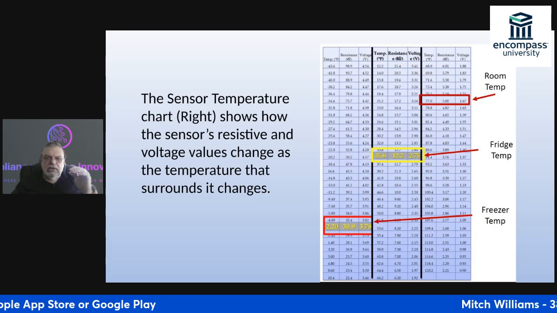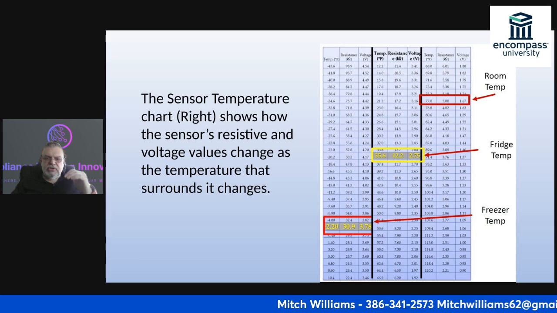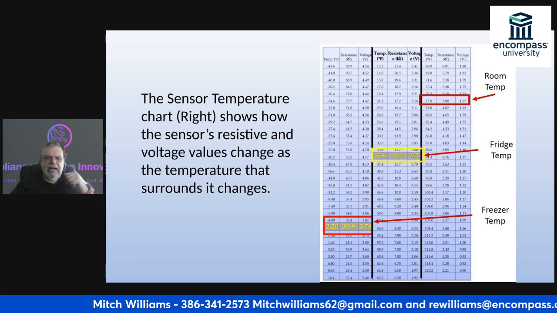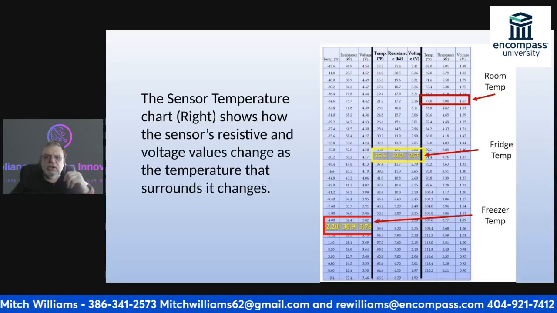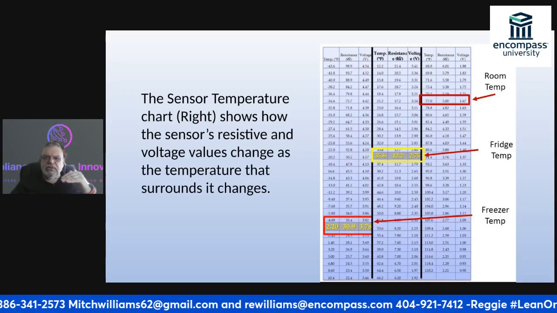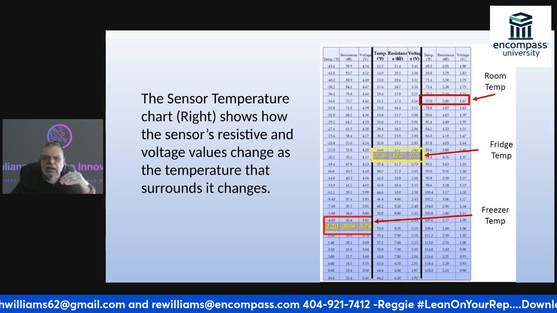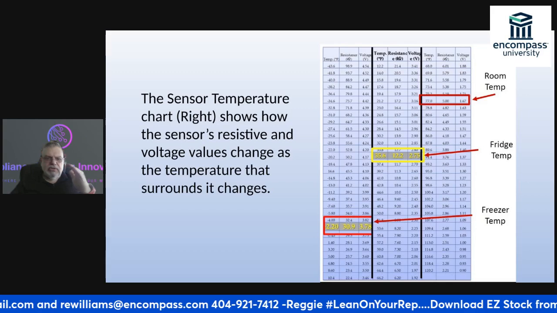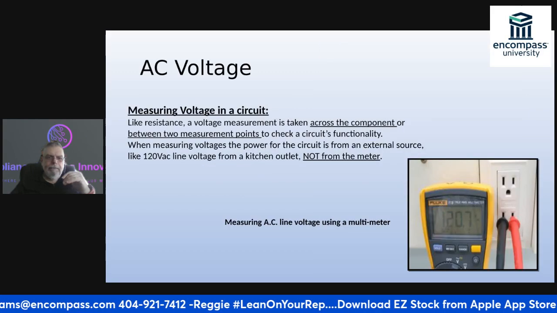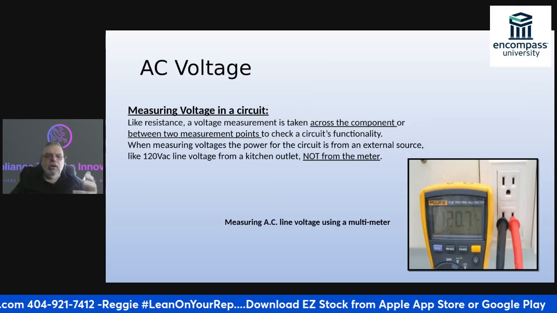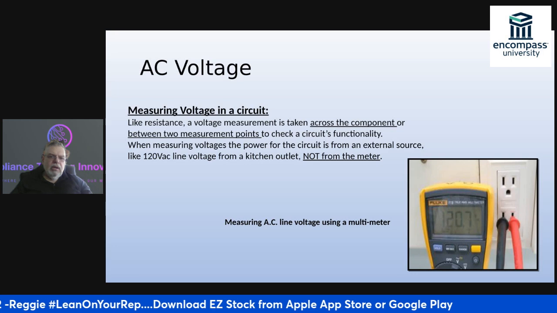Okay. So my voltage is 3.78 in the first example. In the second example, it's 2.75. Okay. So as the temperature rises, what happens to the resistance? Once again. Okay. So let's move on.